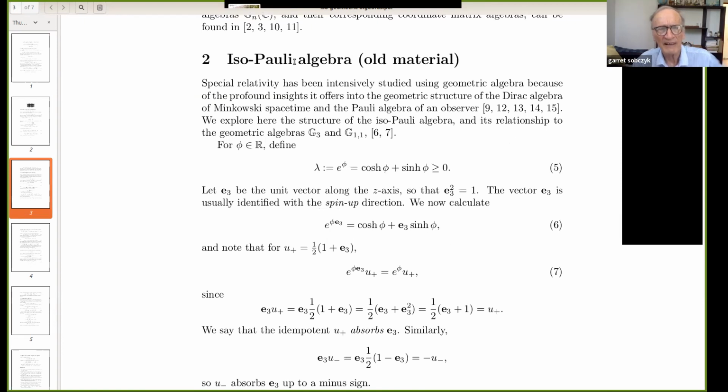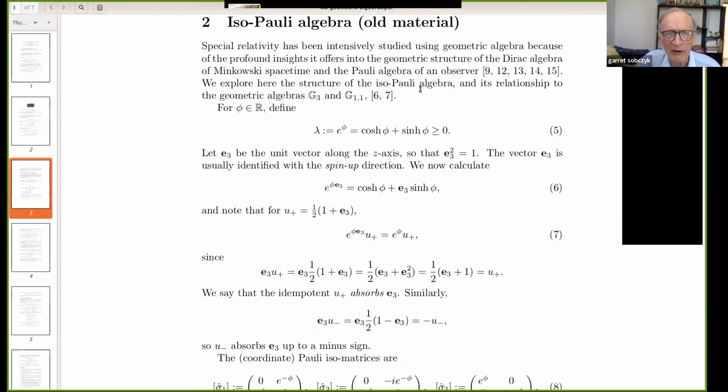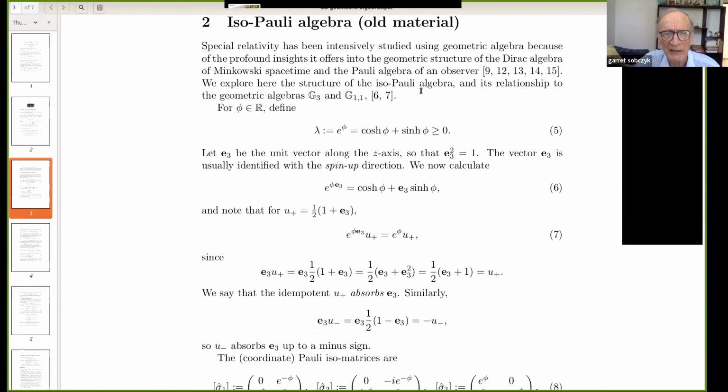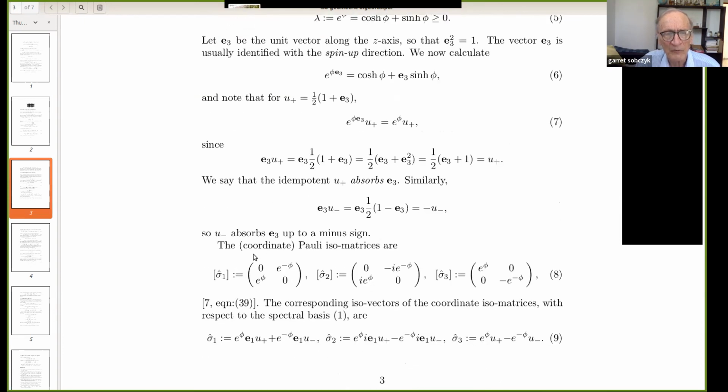Okay, I think I've gone over this material already, but this is the standard iso-Pauli algebra that we talked about earlier, where Dr. Santilli introduces the iso-Pauli matrices as e to the phi, e to the minus phi, sigma 2 hat is this matrix, and sigma 3 hat is this matrix.